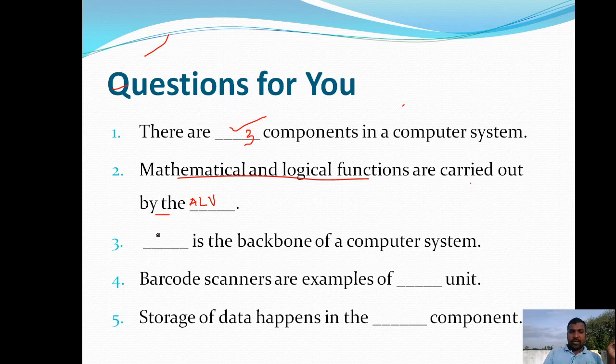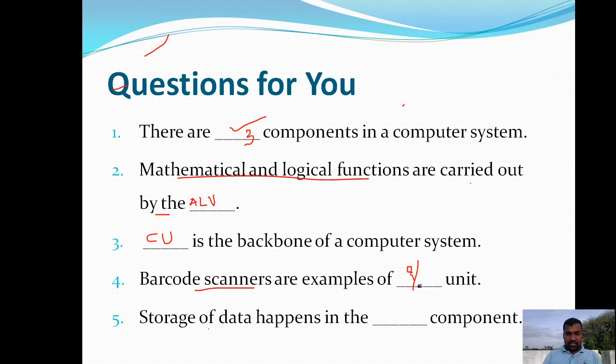What is the backbone of a computer? The control unit or processing unit is the backbone of the computer, so we can call it the heart of a computer, as it contains the processor to perform the processing operation.